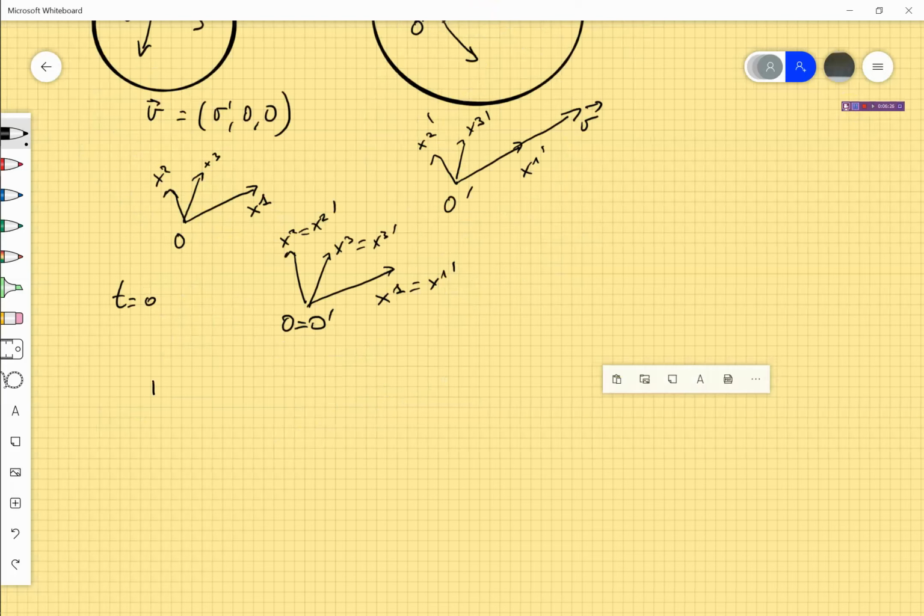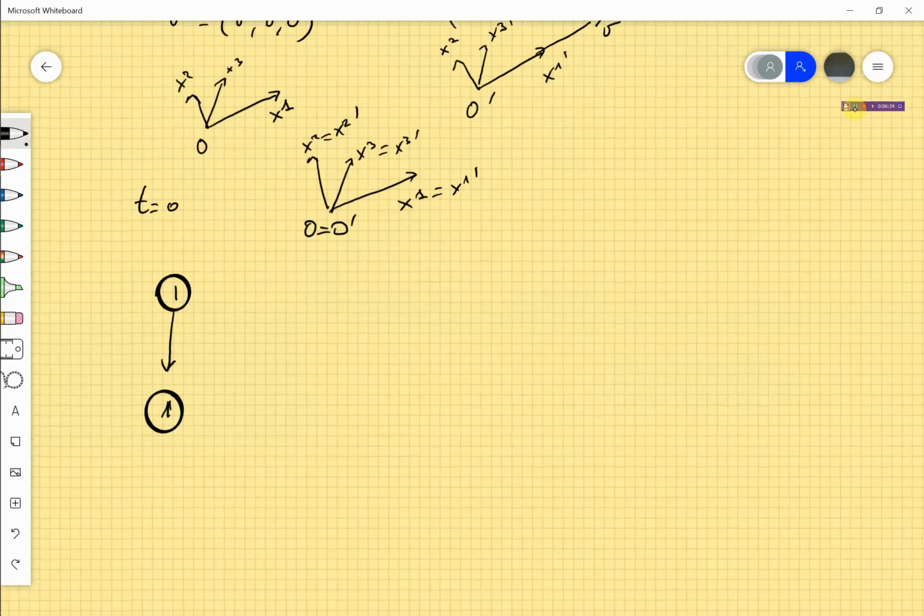The first step, we are going to go from 1 to 1', if you want, and from the coordinates x^μ to coordinates y^μ, which will be related to x^μ by some Lorentz transformation, which will be a rotation.